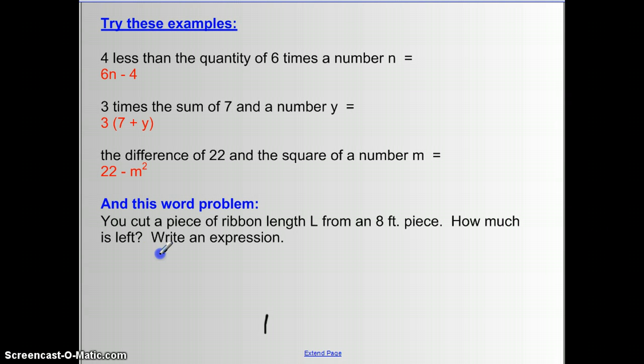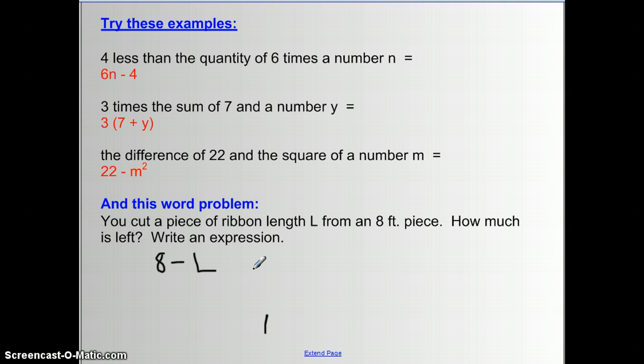So we start with the 8. And you're going to cut a piece of ribbon from it. That means you're going to remove L from it. So we're taking L away from 8, so you're going to subtract the L. So if we have L stand for length, this becomes 8 minus L, our expression.